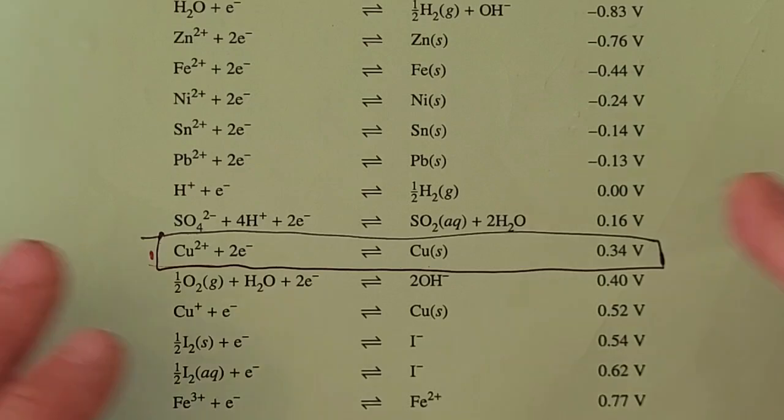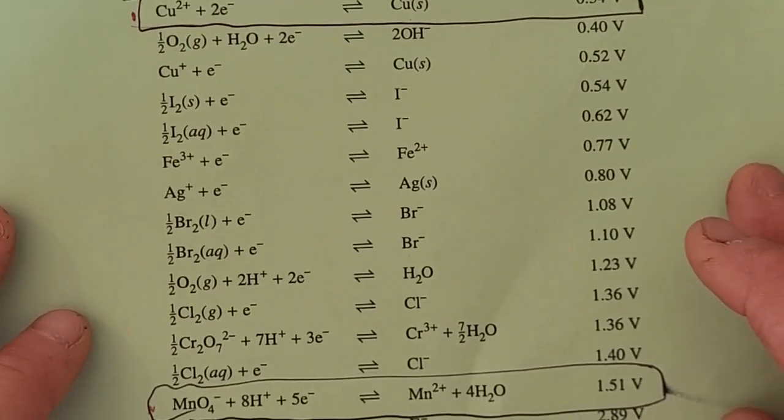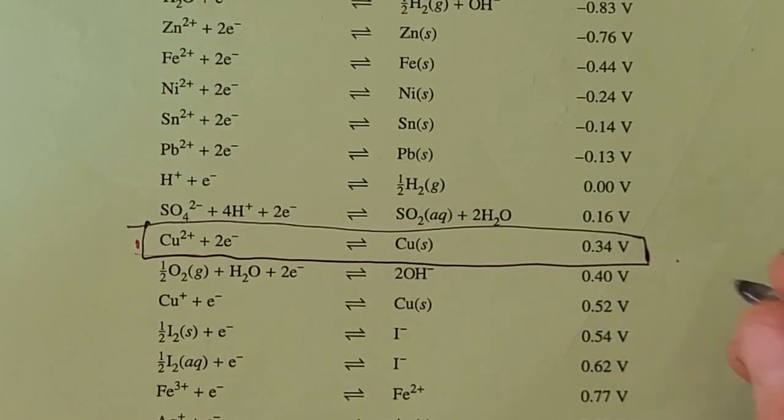Now, one of these has to flip around, but the other rule is that the overall voltage has to be positive. So which one is going to flip? Has to be this.